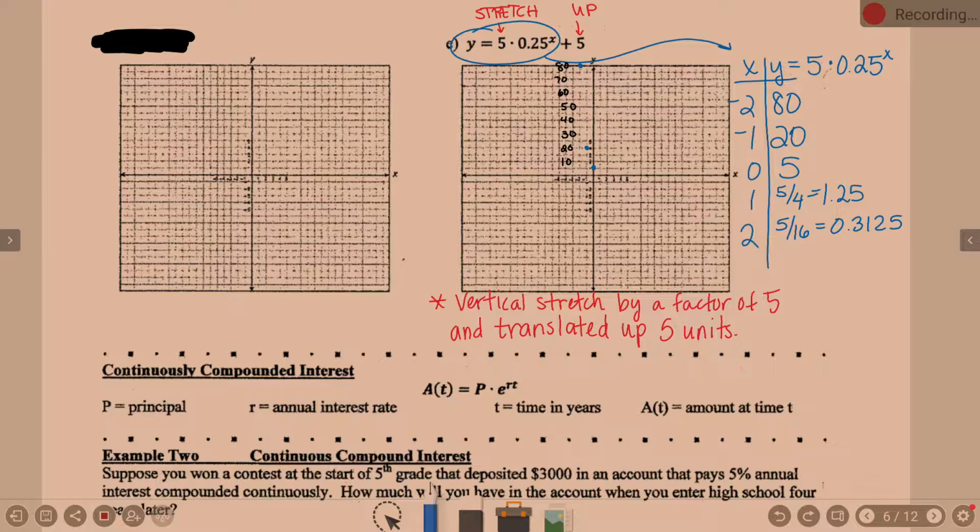My first line is 5, so it's up 1 line. 1, comma 1.25, so right 1 and up a teensy weensy bit, because that first line is 5, so we're not even going anywhere close to that first line. And then 2 and 0.3, well, that's right 2 and up a teensy bit.